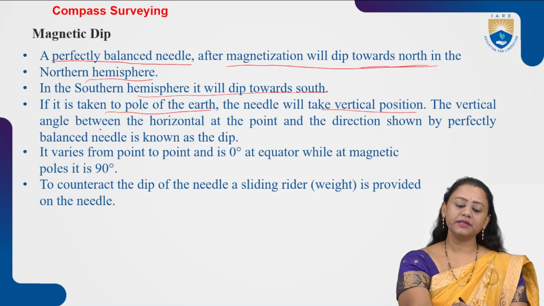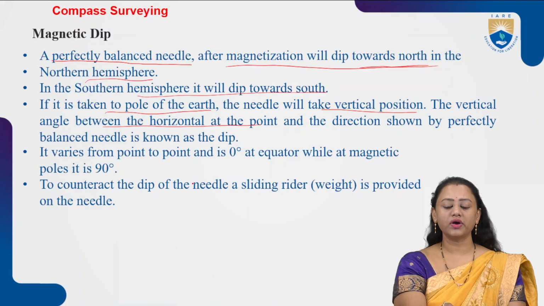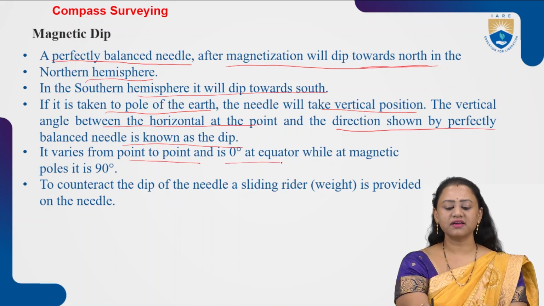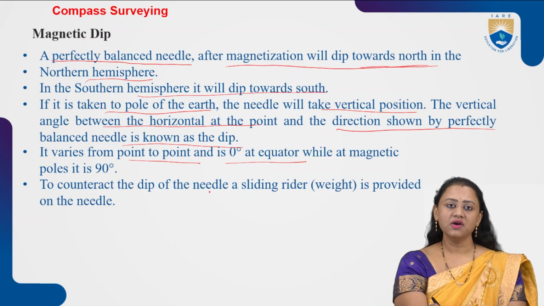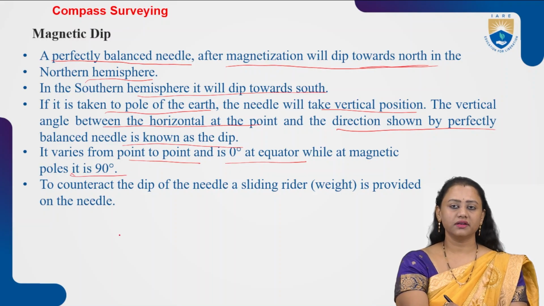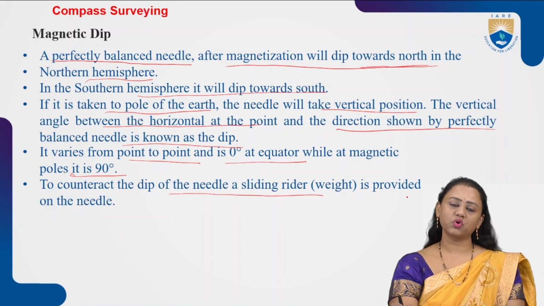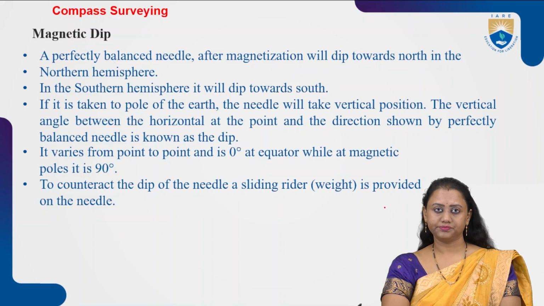The vertical angle between the horizontal at the point and the direction shown by the perfectly balanced needle is known as the dip. It varies from point to point, being 0 degrees at the equator, while at the magnetic poles it is 90 degrees. To counteract the dip of the needle, a sliding rider or weight is provided on the needle.